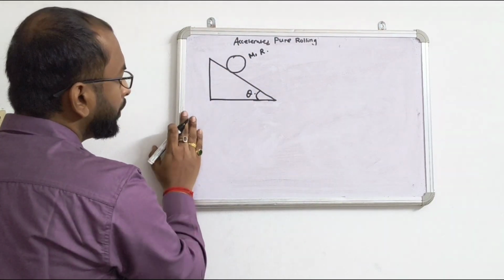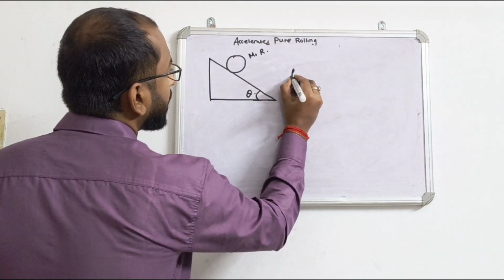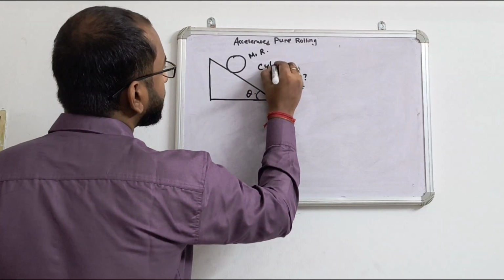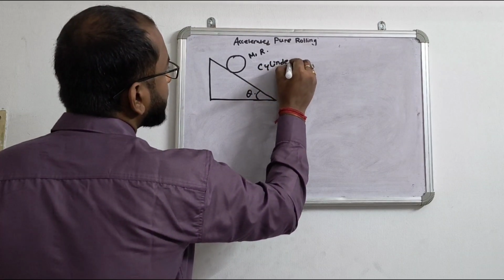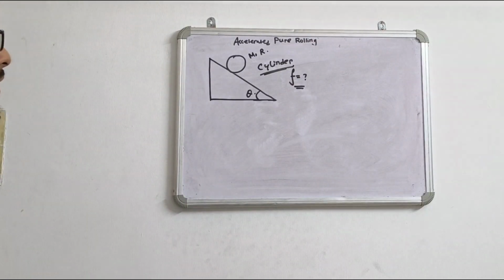It is not slipping or something, it is rolling completely over the inclined plane. What is going to be the friction force direction in the case of this cylinder? It doesn't matter whether it is cylinder or sphere, but let's take the example of cylinder only.